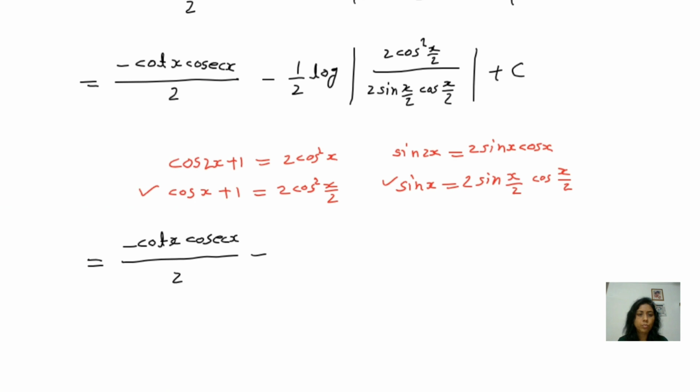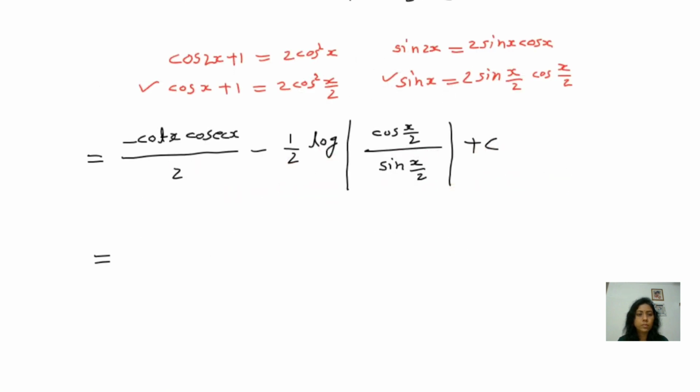divided by 2, minus 1 upon 2 log, and here the 2 cancels. One cos x upon 2 is cancelled by the cos x upon 2 in the denominator. So just cos x upon 2 is left in the numerator, and sin x upon 2 in the denominator, plus c.